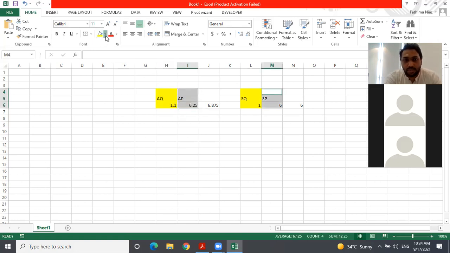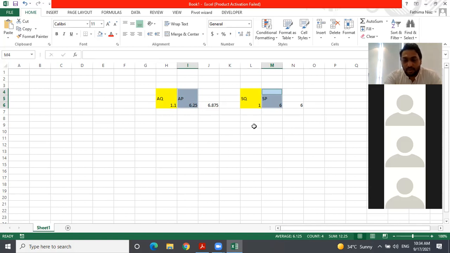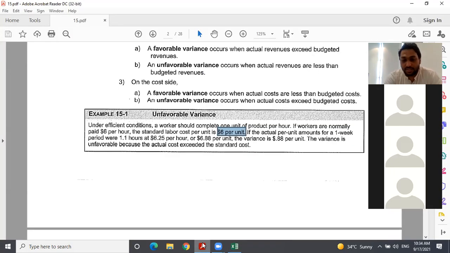We expected to purchase the labor hour for $6, but the labor was costly, so we had to pay $6.25. So ultimately, our labor cost can have a variance because of price and efficiency variance. Clear? Price and efficiency.